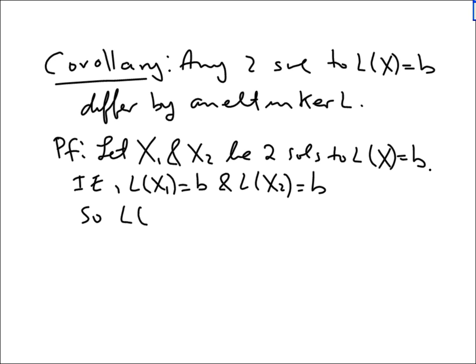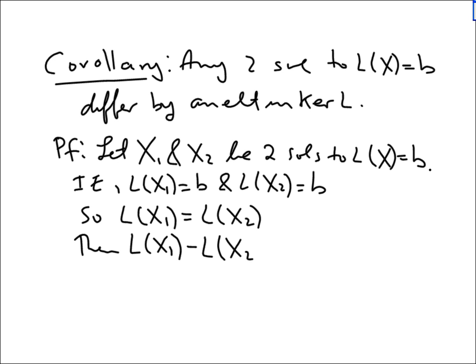So, L of x1 is equal to L of x2. Then L of x1 minus L of x2 is the zero vector.